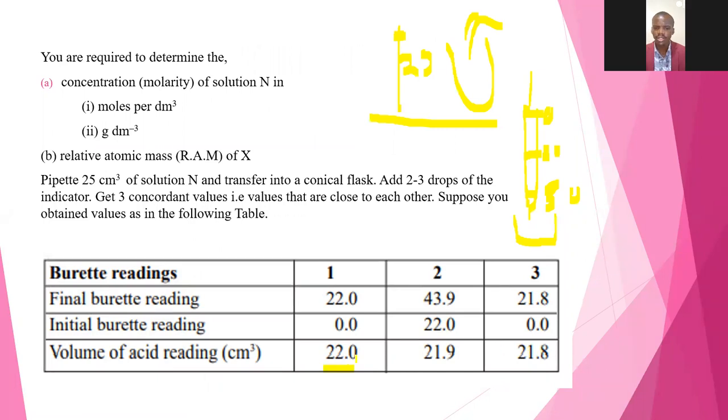Now check the difference between 22.0 and 21.9. The difference there is 0.1, it can be either positive or negative. Then compare this one again, 22.0 and 21.8. The difference there will be positive or negative 0.2. Then let's compare 21.9 and 21.8.